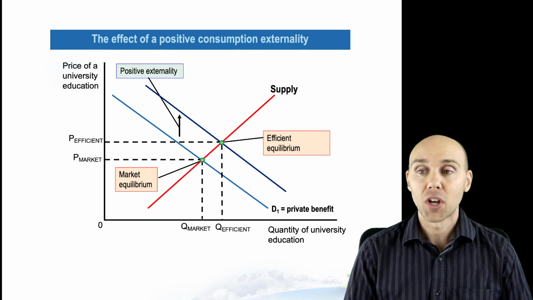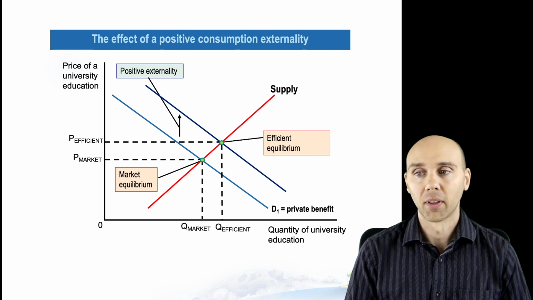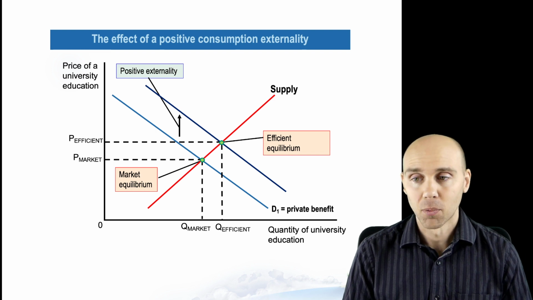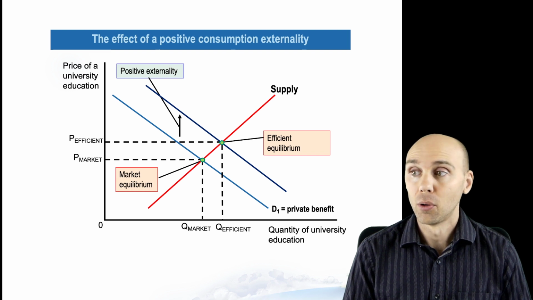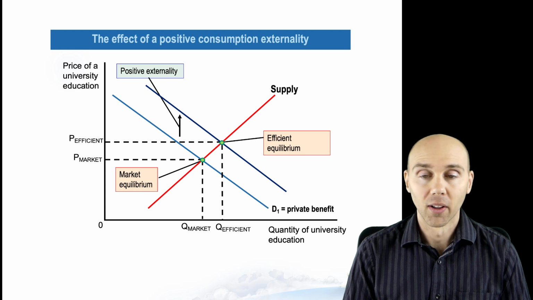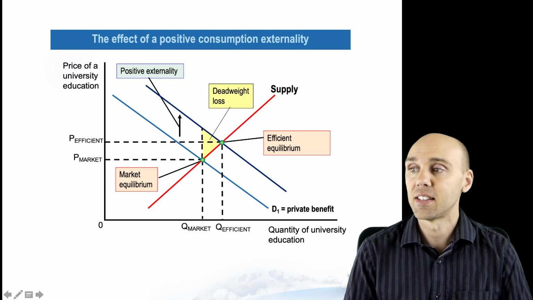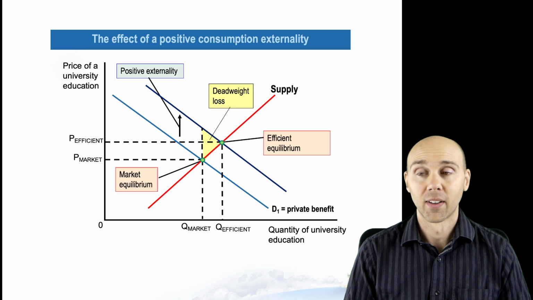So if we shade in this difference between the demand curve and the supply curve, remember we're looking at the demand curve that takes into account the positive externality and the supply curve. So we shade in those vertical lines in between Q market and Q efficient. We get our familiar sort of shape for a dead weight loss, which is a triangle, which we can shade in. And that tells us the dead weight loss to society if we don't take account of this positive externality.